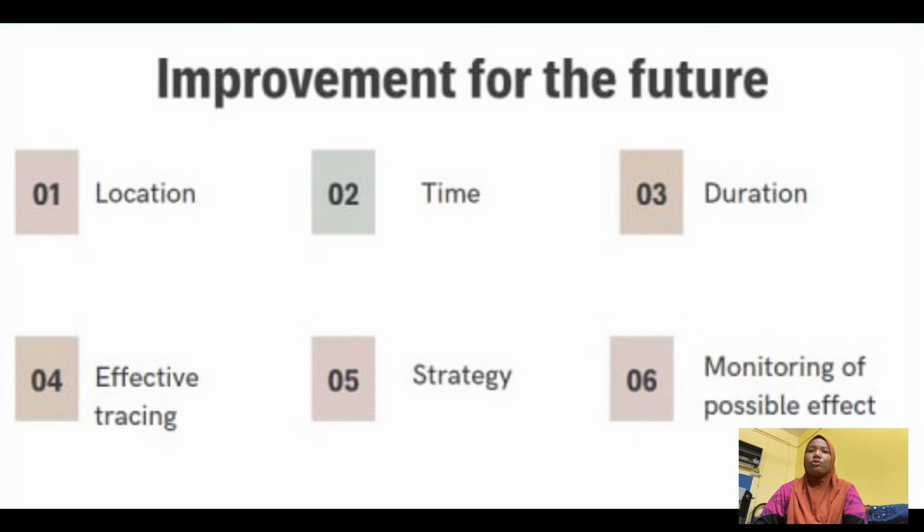They also need to improve the effective tracing and the strategy on how they are going to carry out the experiment, and also monitor the possible effects of the experiments.